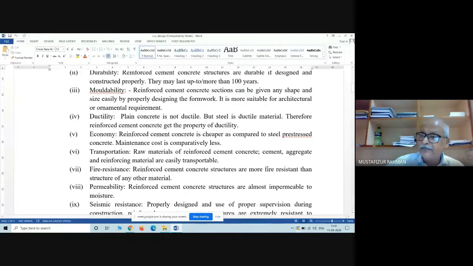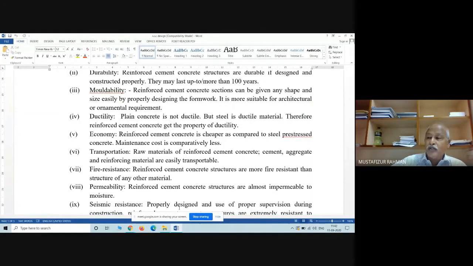Then transportability. Transportability means the raw materials can be transferred from the source to the place of construction.